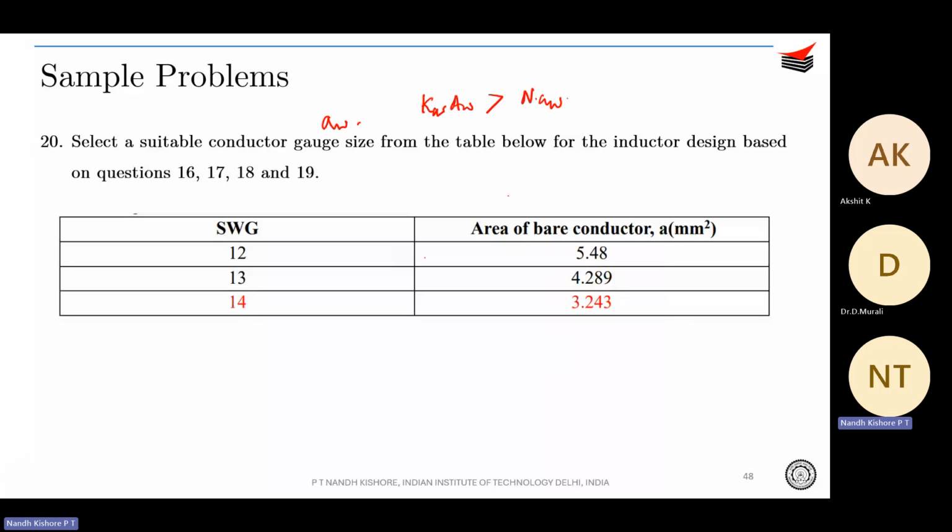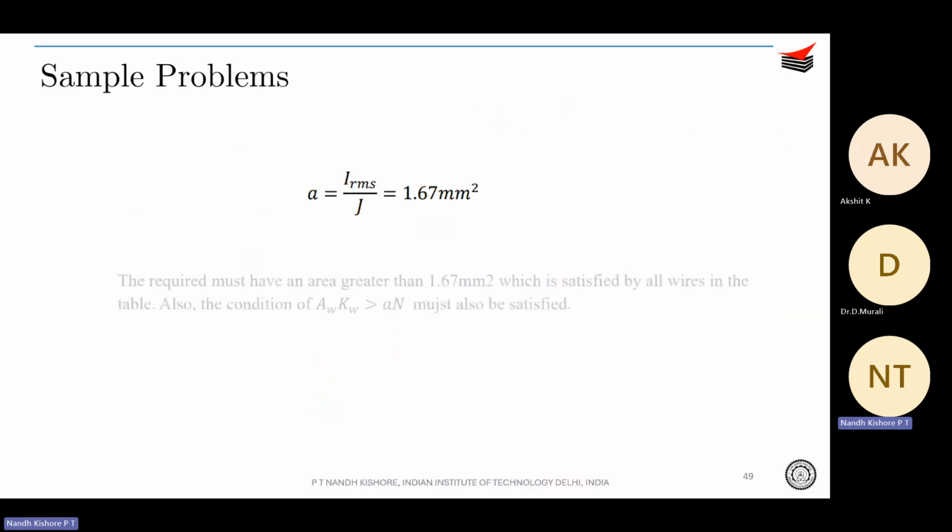How do you find AW in the first place? AW is basically IRMS over J. In this case, IRMS or the average inductor current is basically IN because it's a boost converter. So AW is IN over J, which is 1.67 mm square.